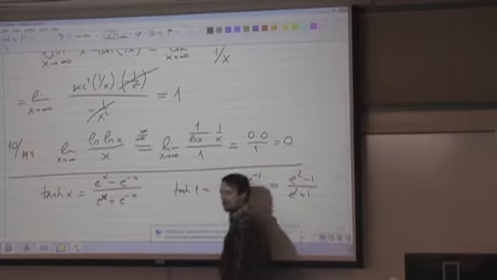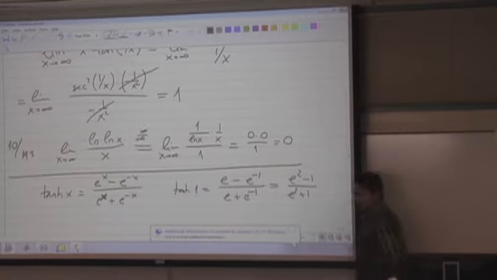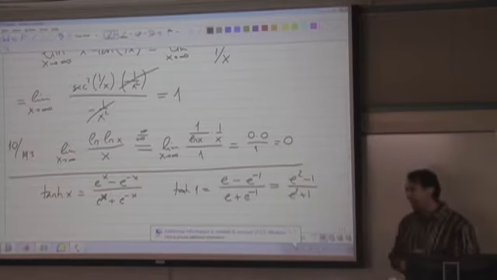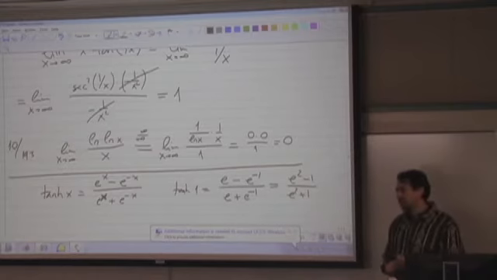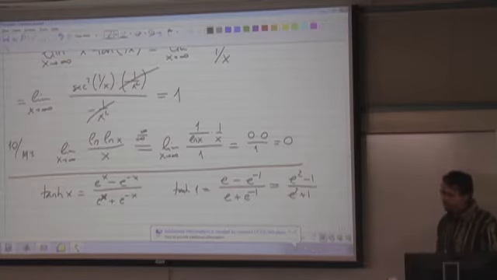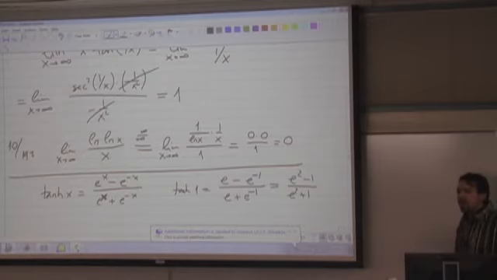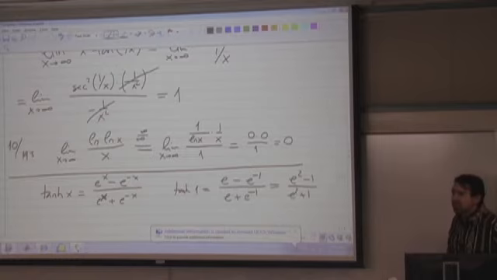Secant is 1 over cosine. By the way, secant and cosecant are both 1 over sine or 1 over cosine. As a consequence, they'll never be 0. Does that make sense? It's 1 over some function that can never be 0, right? So since secant of 0 is 1, there's really nothing to do in that problem, is there? It's just 1 minus 1 over 1. So it's just 0 over 1, which is 0.